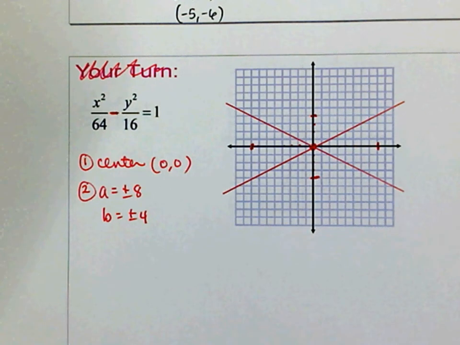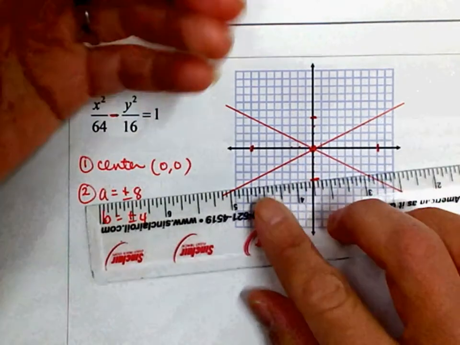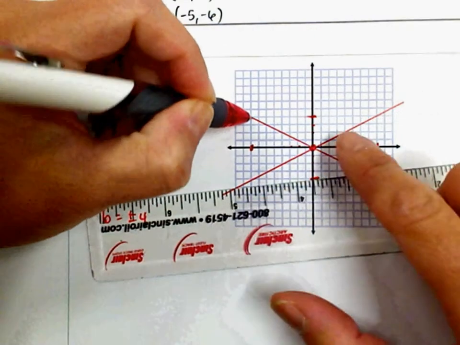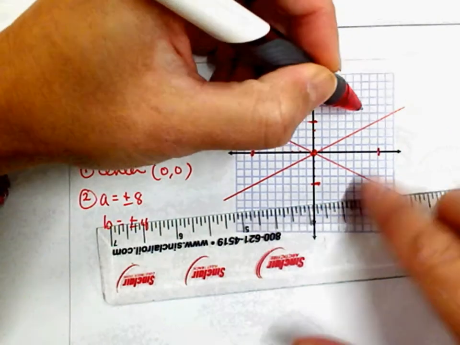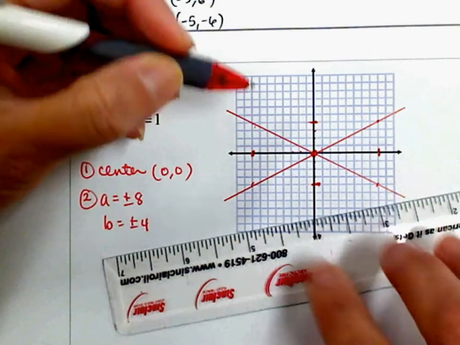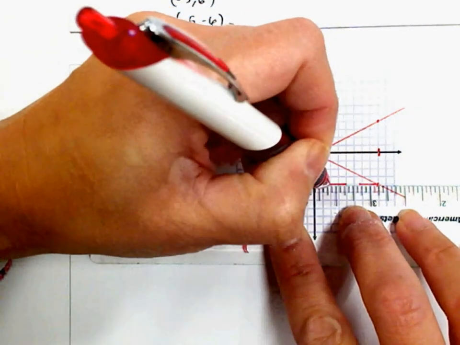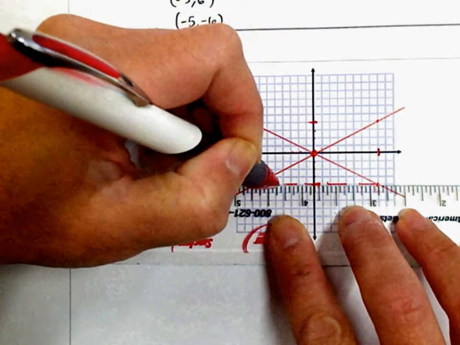Use your ruler to draw your rectangle. And it's going to go where these corners meet. See how it meets right here? That is going to be your fundamental rectangle. Some of you will use dashes, some of you will use a solid line. It's up to you.